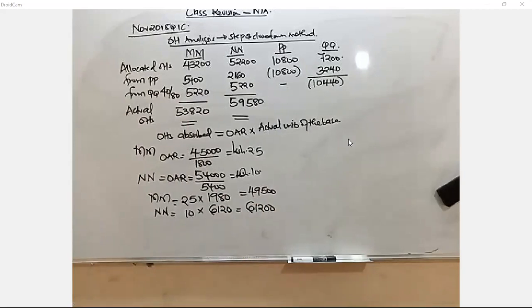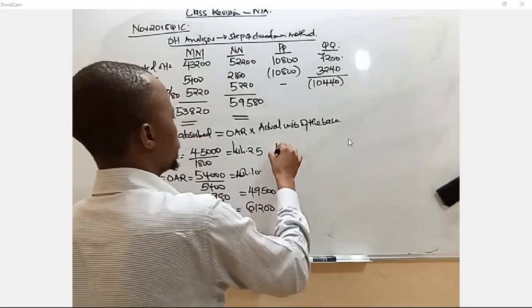Now, after getting these, let us understand whether these overheads were over or under absorbed. We start with the departments.